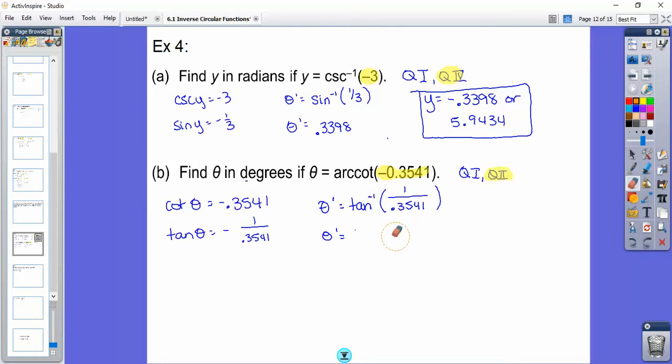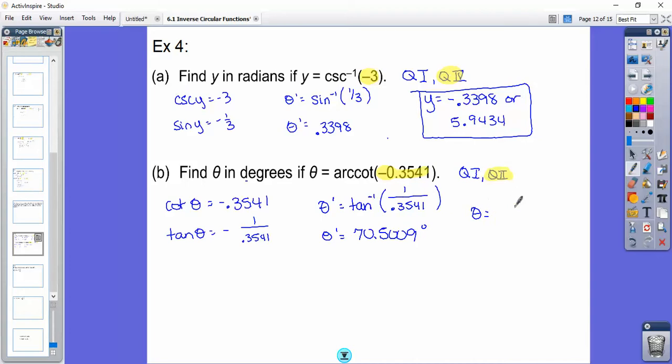I did not change my calculator to degree mode. Whoops. Okay, switch your calculator over to degree mode, and then retype that, tangent inverse of 1 over 0.3541. So I get 70.5009 degrees. I need that in quadrant 2.